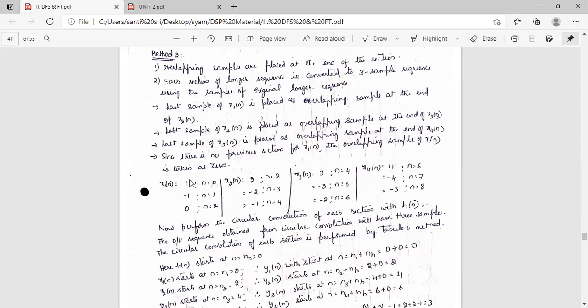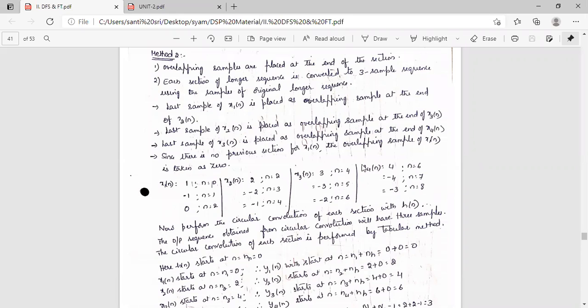But here these two samples are there, and the third sample is taken as 0. Here the third sample is nothing but the second sample of the first section. Here the third sample is the second sample of the previous section, and here also the third sample is the second sample of the previous section.